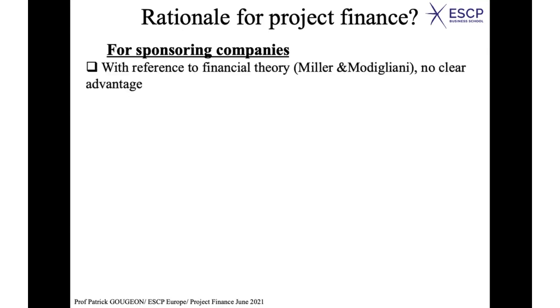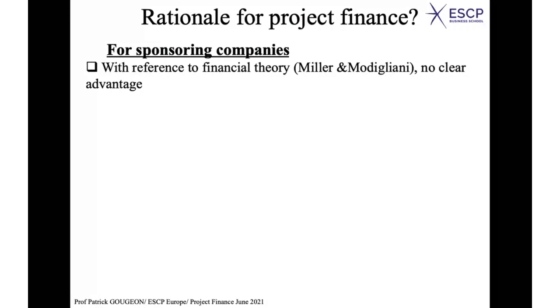So I can just mention this point to start with, because I know that you are familiar with Miller and Modigliani, which you probably have heard of in corporate finance. And I'm pretty sure that you remember the rule that Modigliani and Miller have established. Well, they say that, in fact, the capital structure has no influence on the value generated by the company.